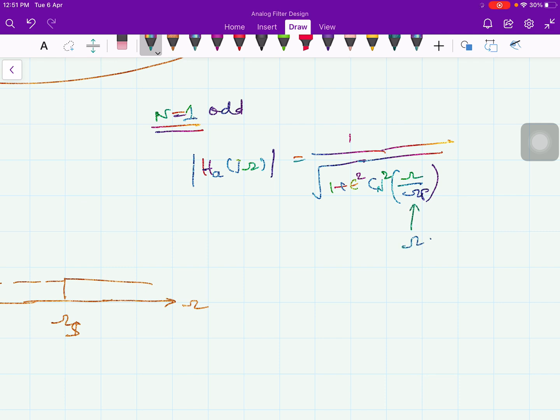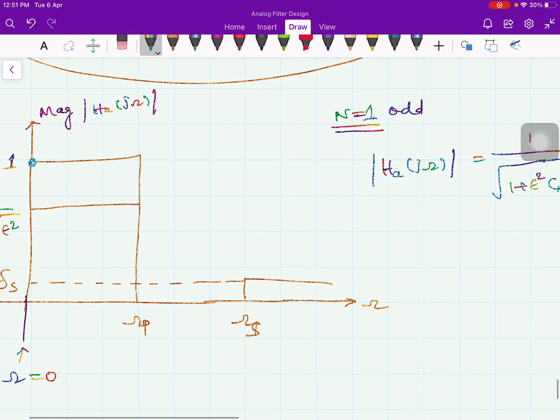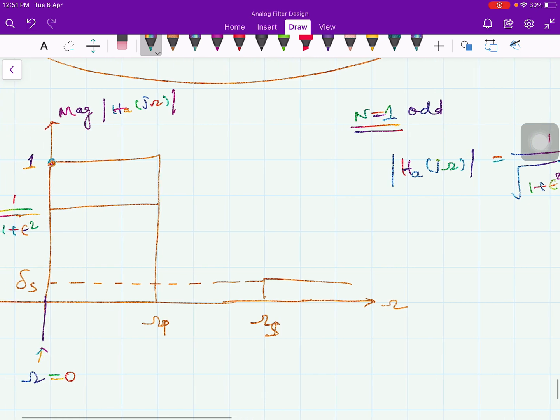When omega equal to 0 for odd n, this magnitude becomes 1, and therefore my filter starts from here and it goes like this. And this is for capital N equal to 1. Okay, it starts from this point and goes like this. Okay, now the answer should have been obvious.